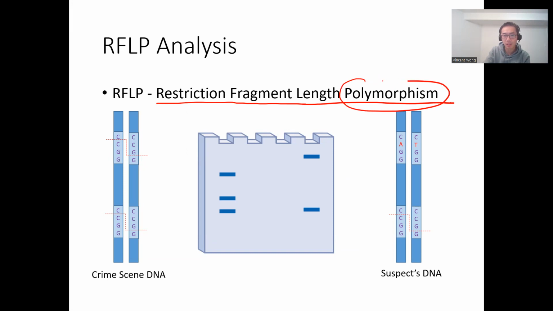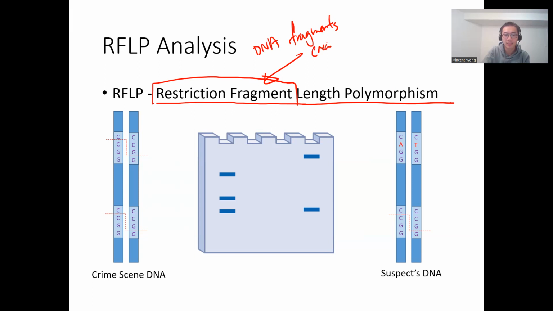So a polymorphism is a difference. And this one is a difference in length, in the length of restriction fragments. What are restriction fragments? Restriction fragments are DNA fragments created by restriction enzyme.